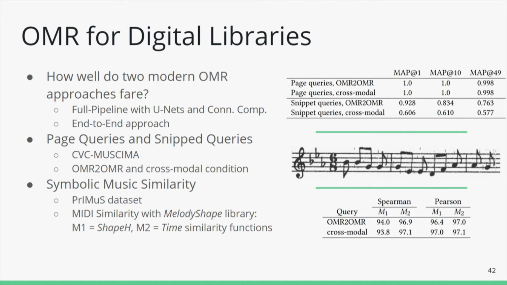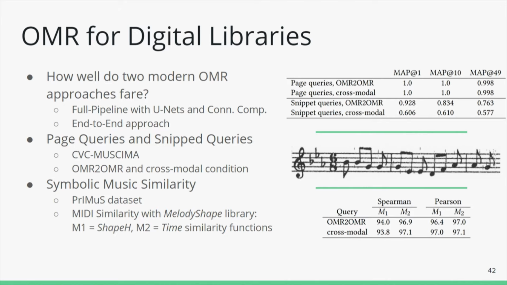So if you take music and process it down to MIDI, and then apply a MIDI similarity metric from the melody shape library, it would be interesting to see how well the OMR system worked.